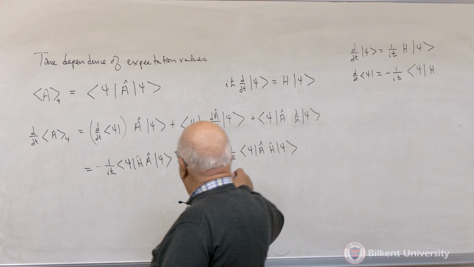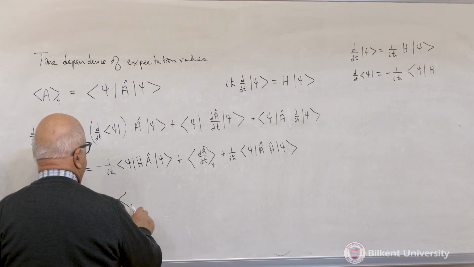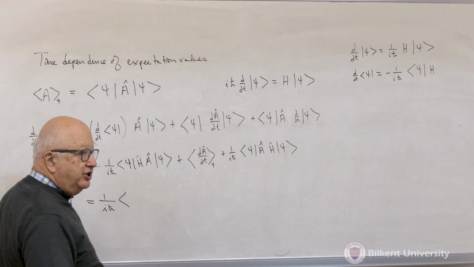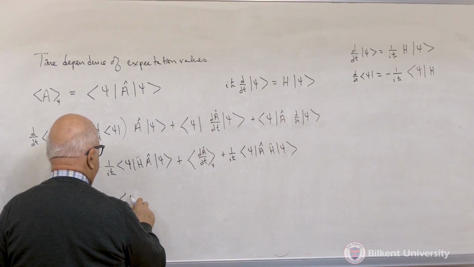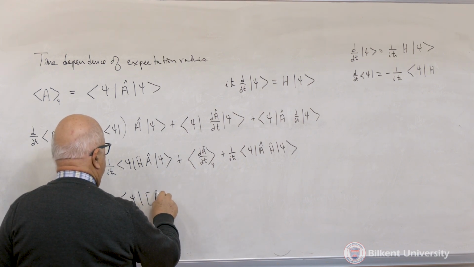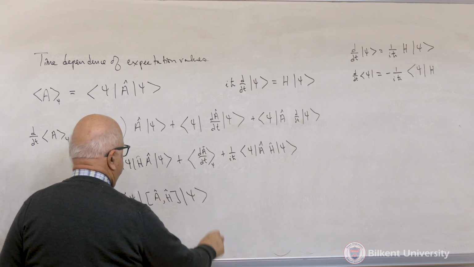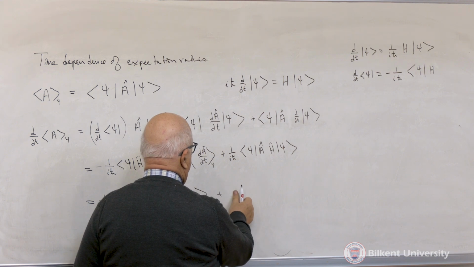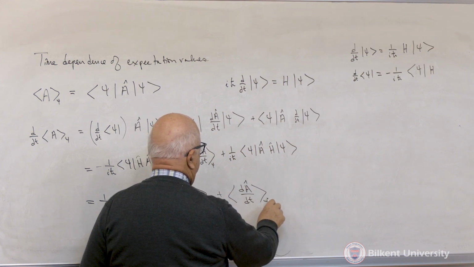So what do I have? I have 1 over i h bar times the expectation value of the commutator of A and H. Let me put the psi's first: ⟨psi|, AH comes first, then minus HA, |psi⟩, and plus just this dA/dt with respect to psi.